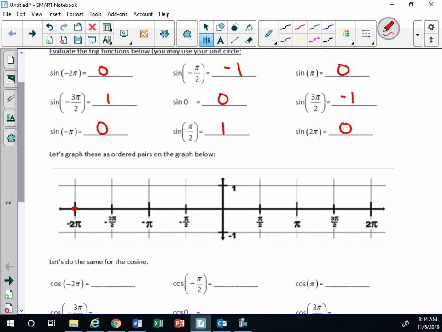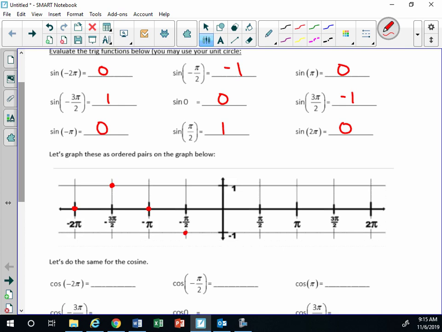I'm going to actually go in the columns this time because they'll be in order. So when I'm at negative 3 pi over 2 on the x-axis, what's my output? 1. So there's my next dot. When I'm at negative pi for the input, what is my output? 0. What about negative pi over 2? What do I get?